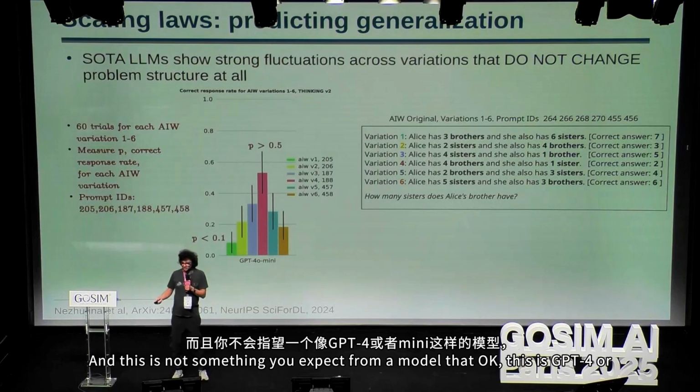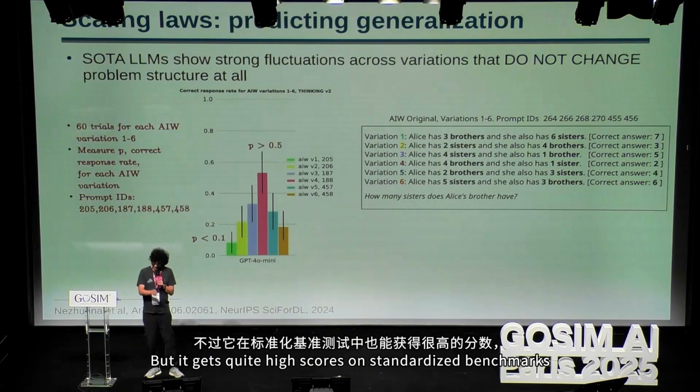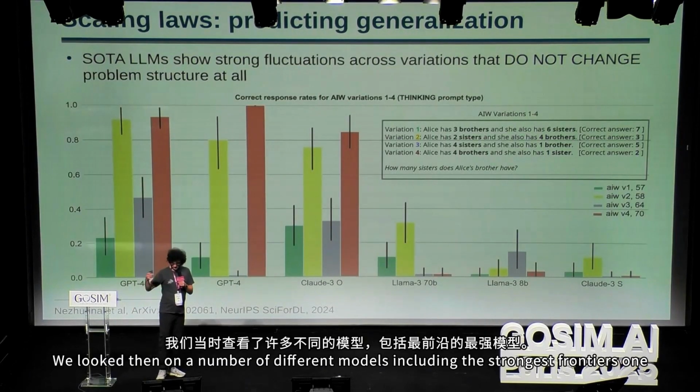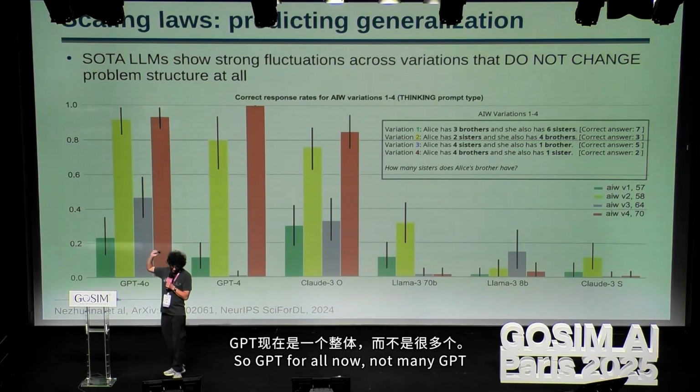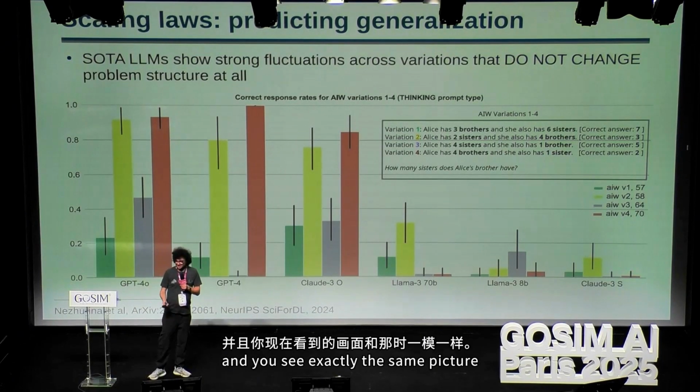This is not something you expect from a model that, and this is GPT-4o Mini, not the strongest one, but it gets quite high scores on standardized benchmarks, also for reasoning. We looked then at a number of different models, including the strongest frontier ones, so GPT-4o, now not mini, GPT-4, Claude 3 Opus, back then they were strong. And you see exactly the same picture.